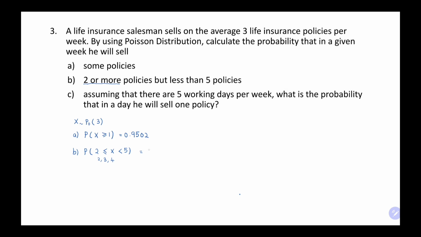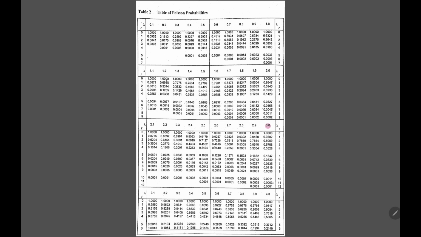To find 2 until 4, we take P(X greater than or equal to 2), we minus P(X greater than or equal to 5). We subtract 5 and above, because we do not want 5, we want 2 to 4 only. So we check the table for 2 and 5 with lambda equals 3.